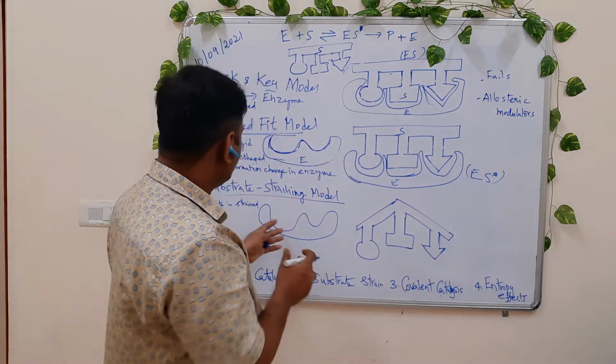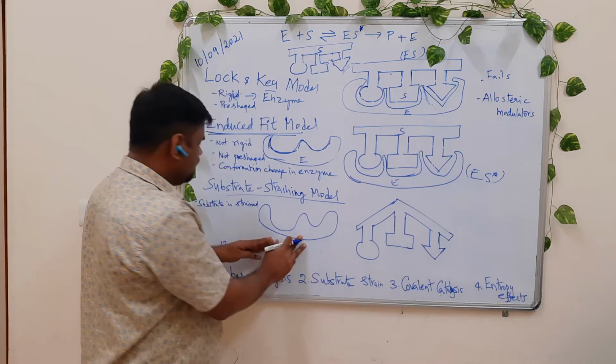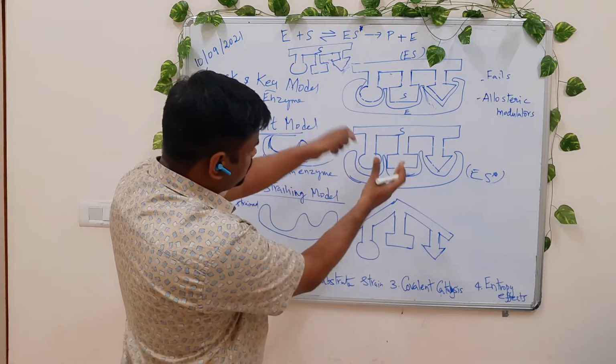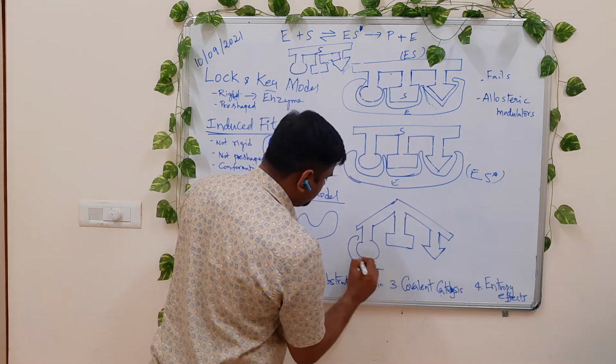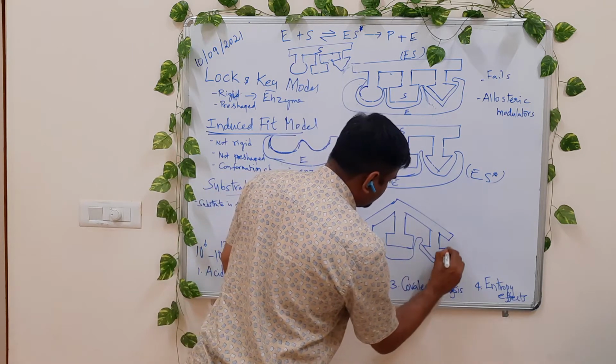So you have the same enzyme as in the induced fit model: once the substrate comes in contact and the induced fit model is working, we have the enzyme taking a shape to fit it.